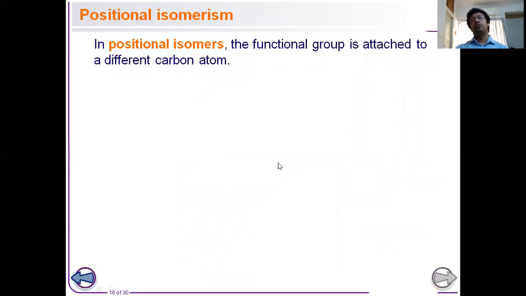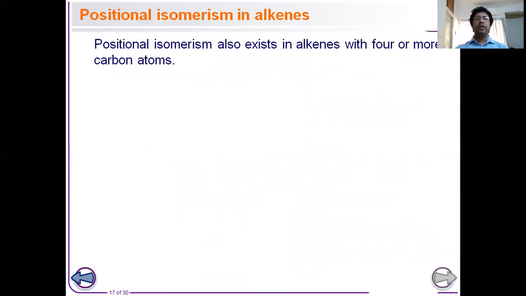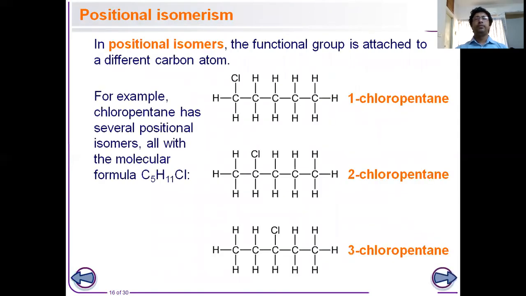Then positional isomers. This is very interesting. You can see from the examples, all have the same molecular formula, that is C5H11Cl, but the position of the chlorine atom is different in different molecules.